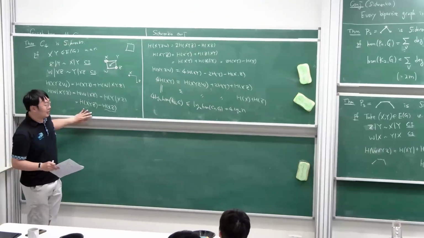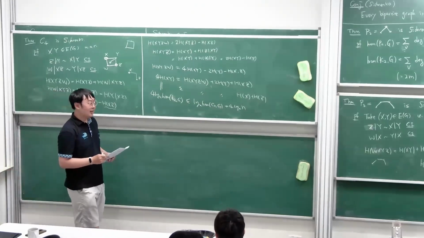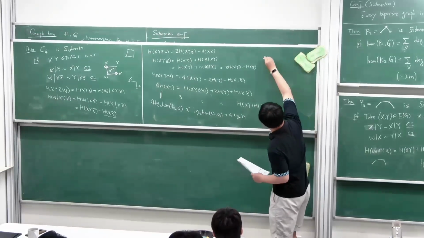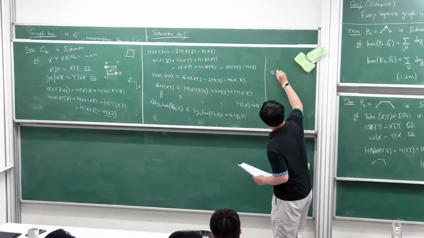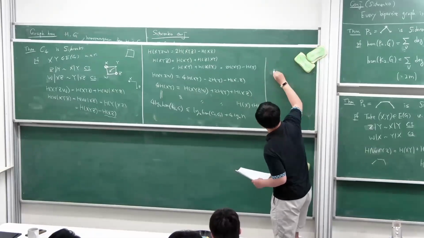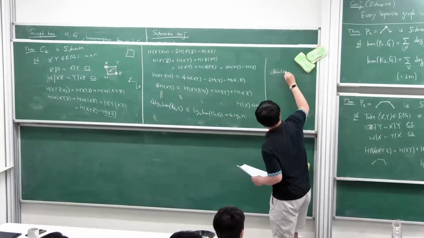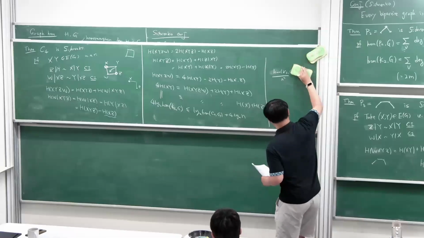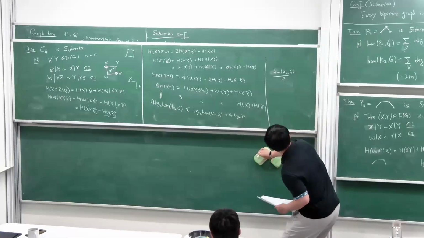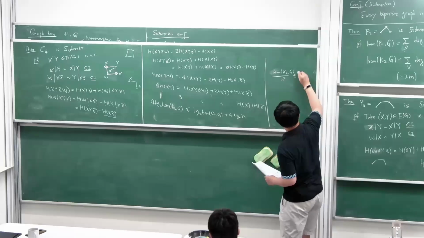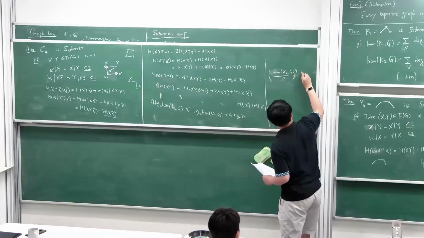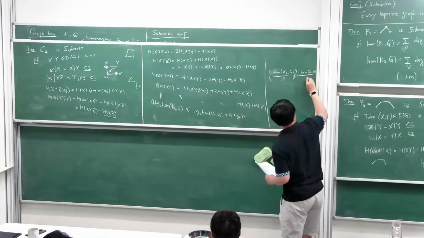So you get 4 log n. And if you really rearrange terms and sort everything out, you get the density of K2 in G divided by n squared, to the first power, less than or equal to the density of C4 in G divided by n to the 4.